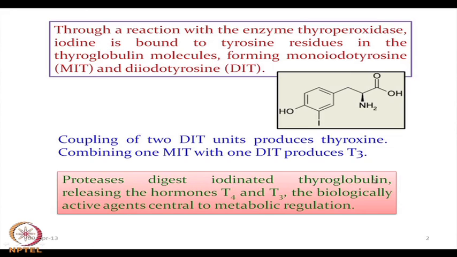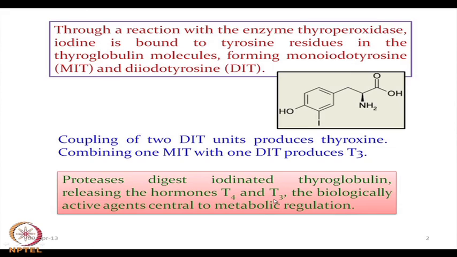Thyroglobulin is getting iodinated through the use of thyroperoxidase, and in this iodinated thyroglobulin molecule, with the formation of the bisphenol unit of the tyrosine residue, we have already formed T4 and T3 units through coupling of 2 DIT, and 1 DIT with 1 MIT.